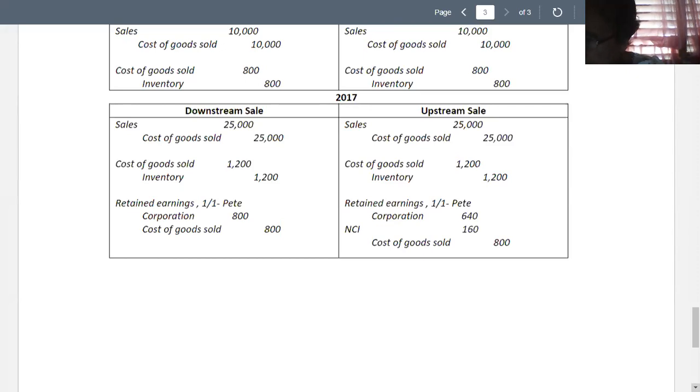Number 6 true. 7 false. 8 false. 9 true. 10 false. 11 true. 12 false. 13 false. 14 true. 15 true. 16 false. 17 false. 18 true. 19 true. 20 false. 21 true. 22 false.